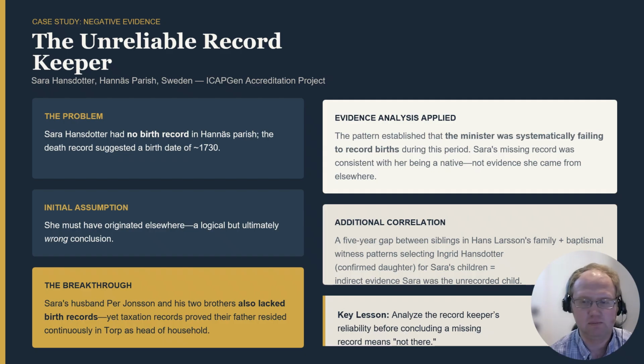His brother also didn't have a birth record, but there were other siblings that did have parish records, and there's a gap that seemed hard to explain.